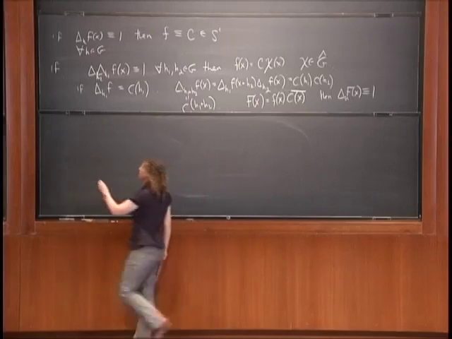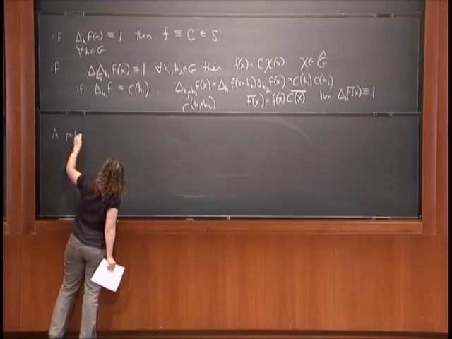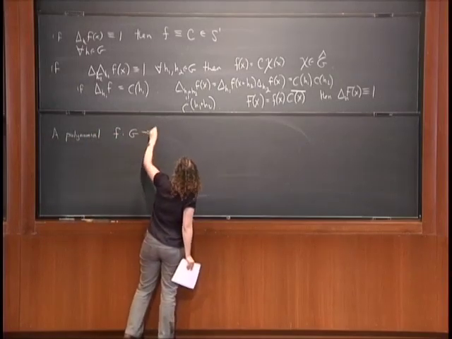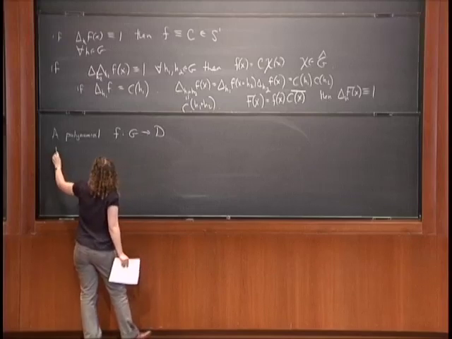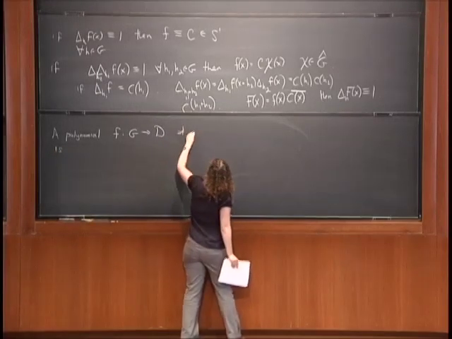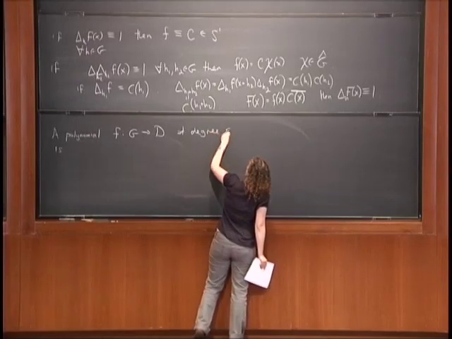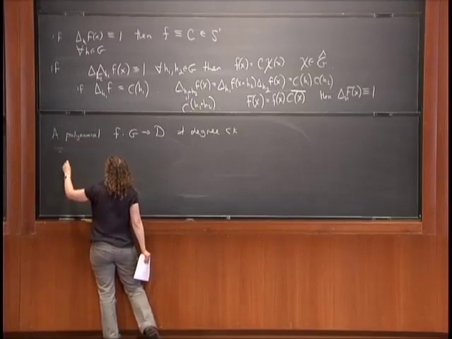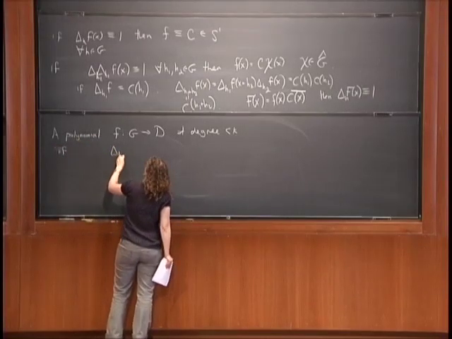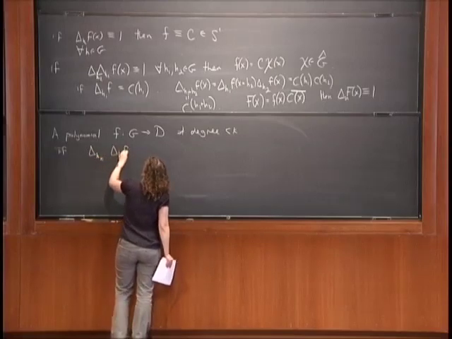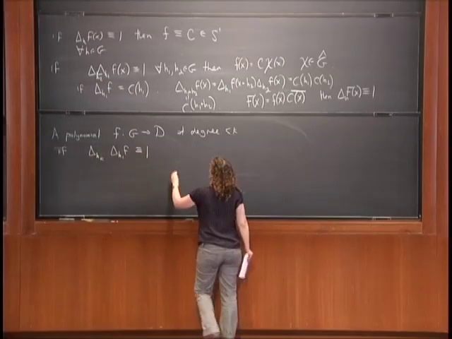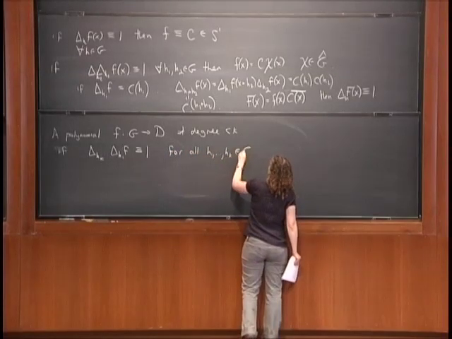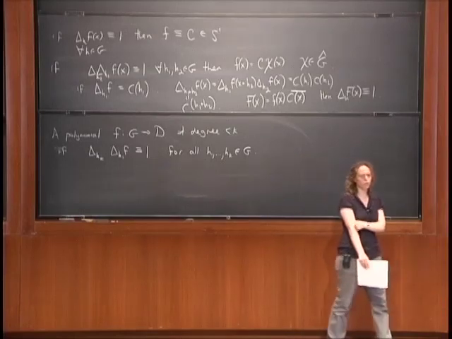Define a function f from G to the disk D to be a function of degree smaller than k, or f is a polynomial, if delta_h1 through delta_hk f is trivial for all h1 through hk. And I can do that for any abelian group, not just for F_p^n.